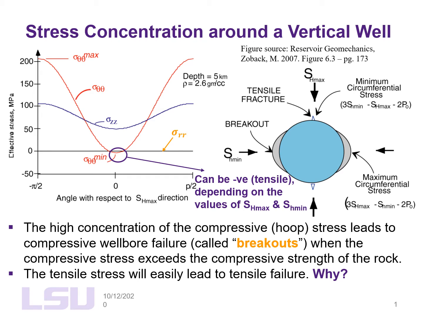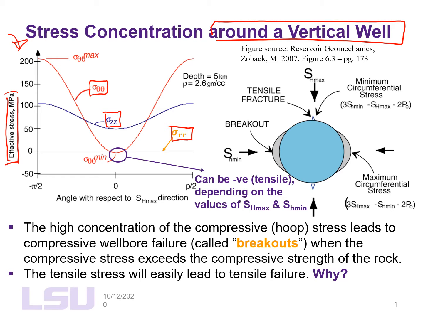So here we plot the effective stresses in the cylindrical coordinates. This is the effective hoop stress, effective vertical stress, effective radial stress, all coming from those equations we presented previously, but precisely at the wellbore wall.